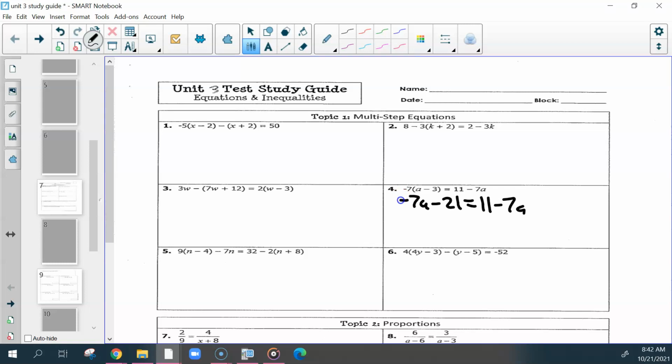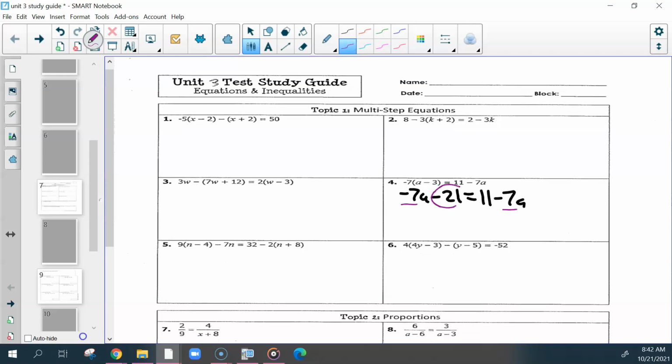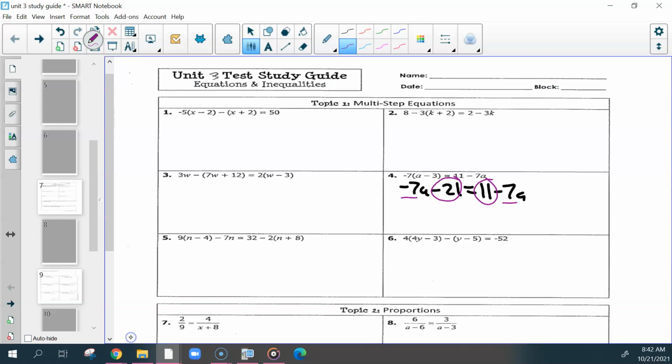When you get to this part and you're solving, if you look on both sides, if the number in front of your variable is the same, but the number without a variable is different, that's going to be no solution every single time. If you see that there, you don't have to continue solving, but you can.